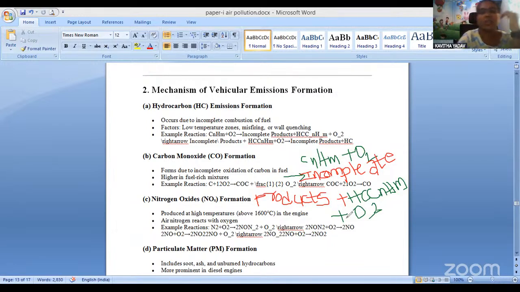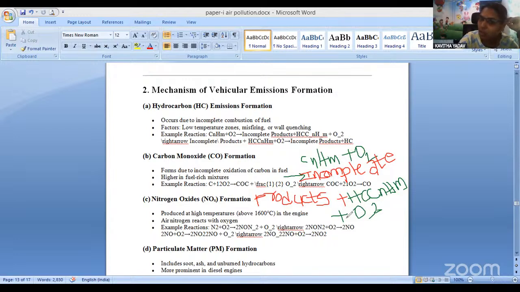So, what factors support that situation? Low temperature zones are favorable conditions.